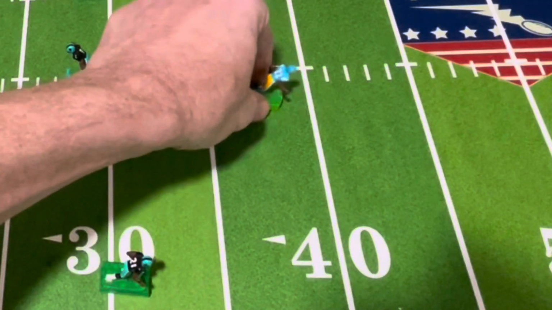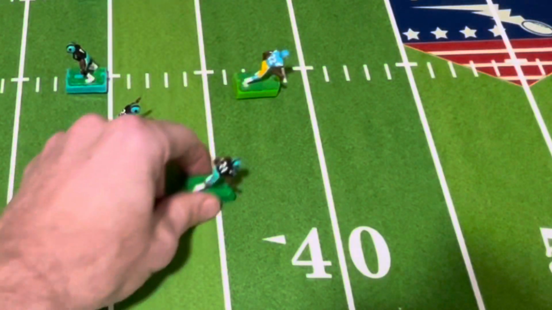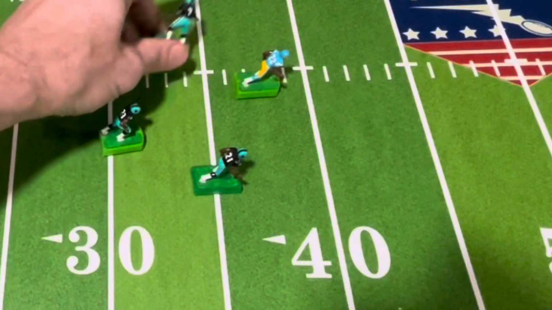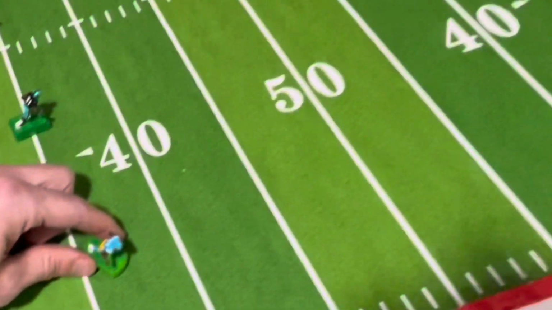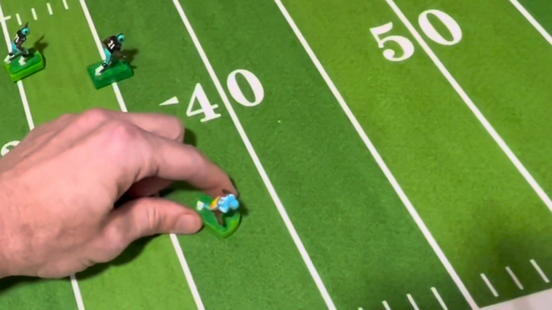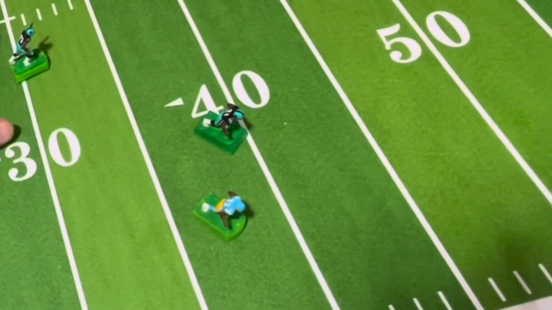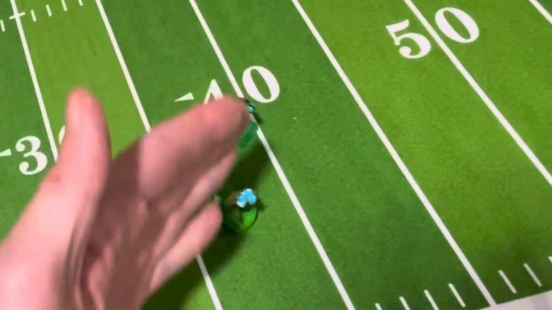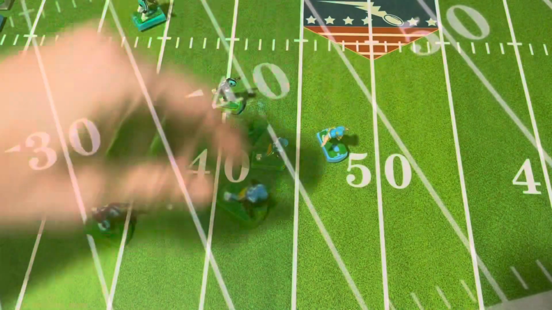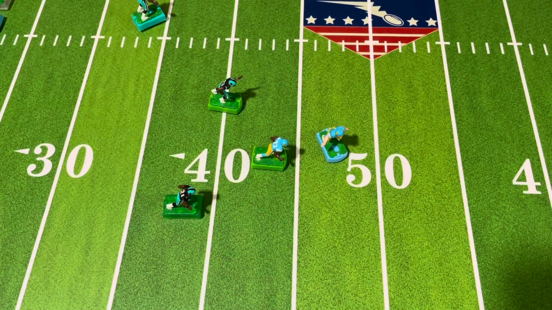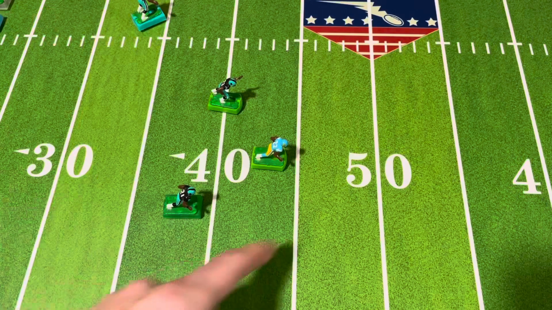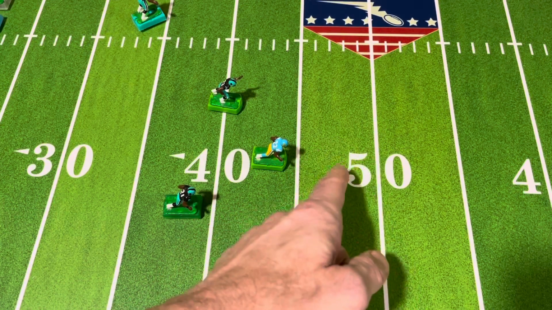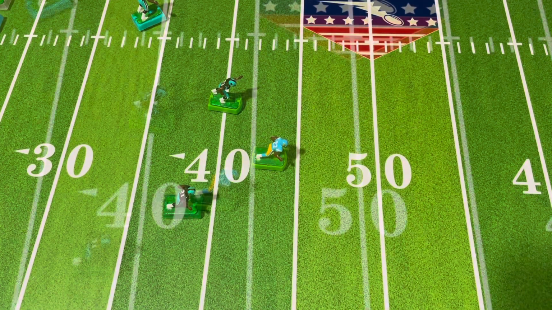Doesn't matter if the receiver's going downfield or headed toward the sideline. If there's no defender in front of that forward plane of his base, then he's open. Of course, his catch path can't be obstructed by a teammate like this, and his catch path does have to be in bounds. But that's the first scenario where the receiver is open.